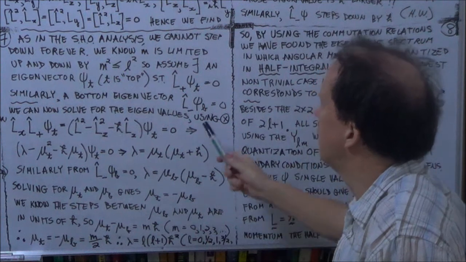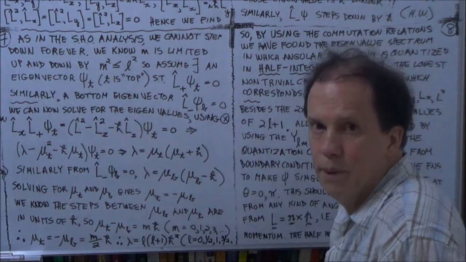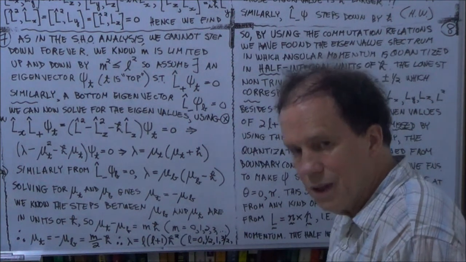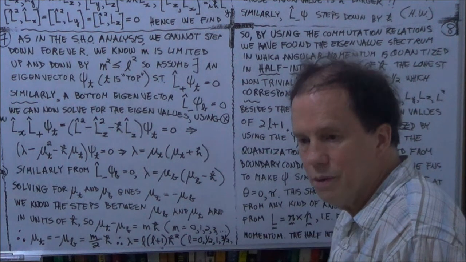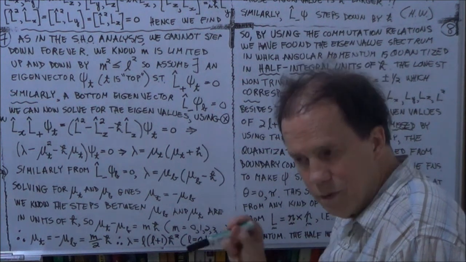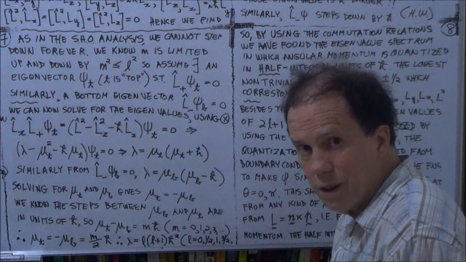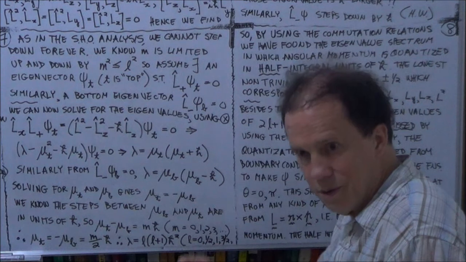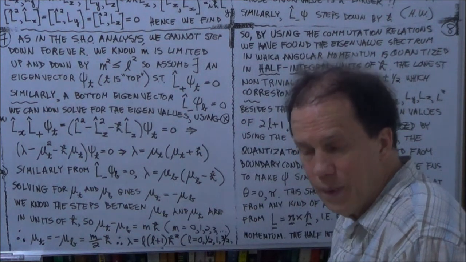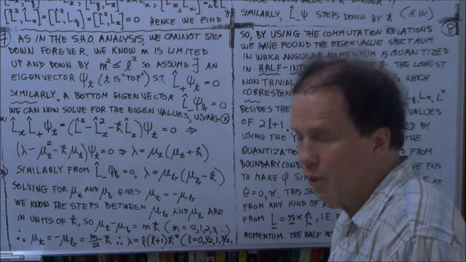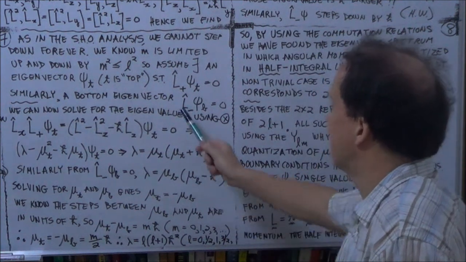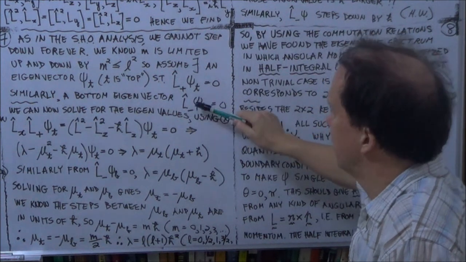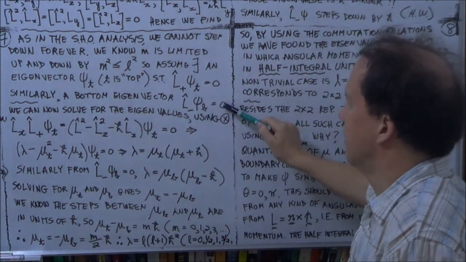So let there be an eigenfunction psi b, for bottom, which is the lowest. If you try to step down from that one, you get 0. You can't go any lower. There's no lower eigenfunction, because psi b is the bottom one. So the lowering operator, the step down operator, applied to psi b will be 0.